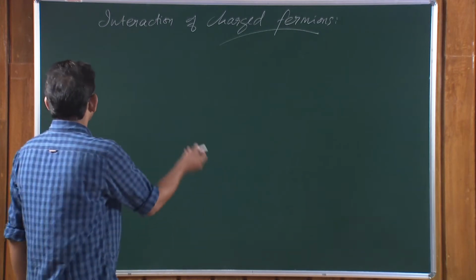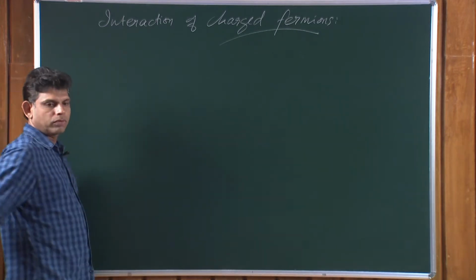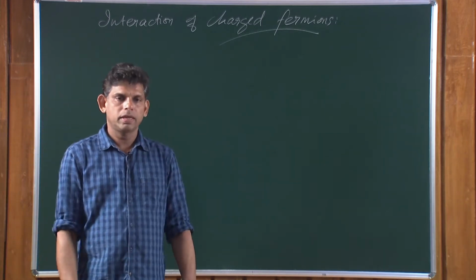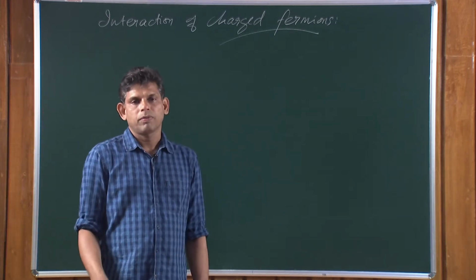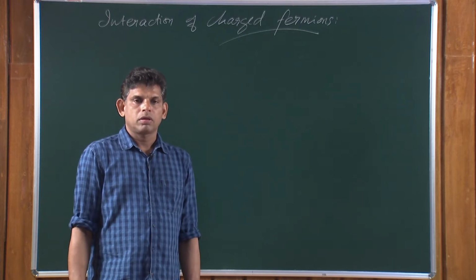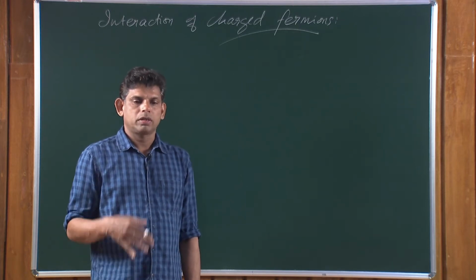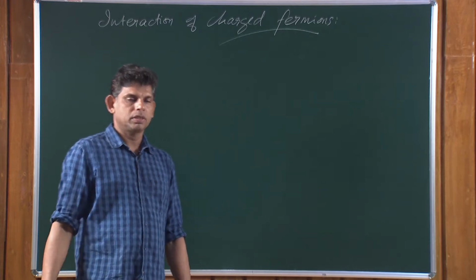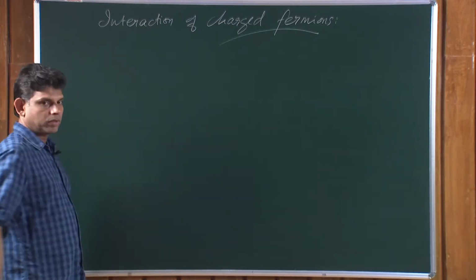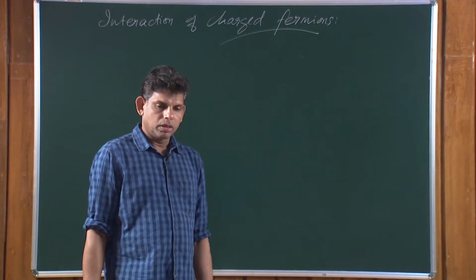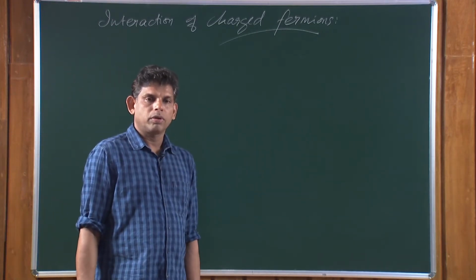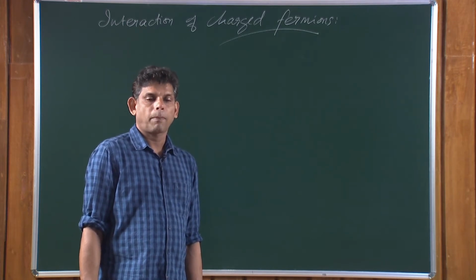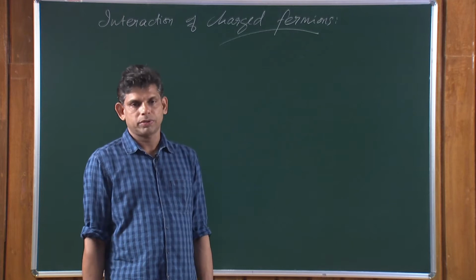So, we have said that in the relativistic case, when we are dealing with particles which have high energies and are moving at relativistic speeds, then we have to consider an evolution equation or equation of motion different from that of the Schrodinger equation.